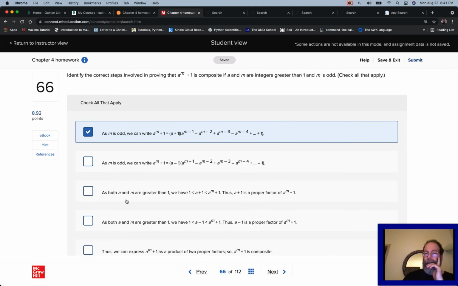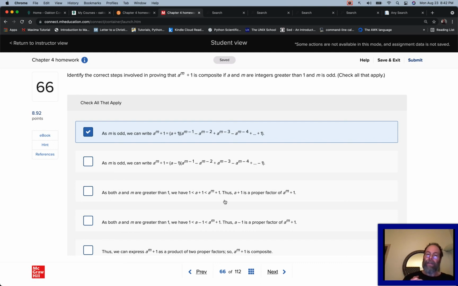As both a and m are greater than 1, we have 1 is less than a plus 1, which is less than a to the power m plus 1, because a and m are greater than 1. So then a to the power m plus 1 is going to be greater than 1, and a plus 1 is in between.